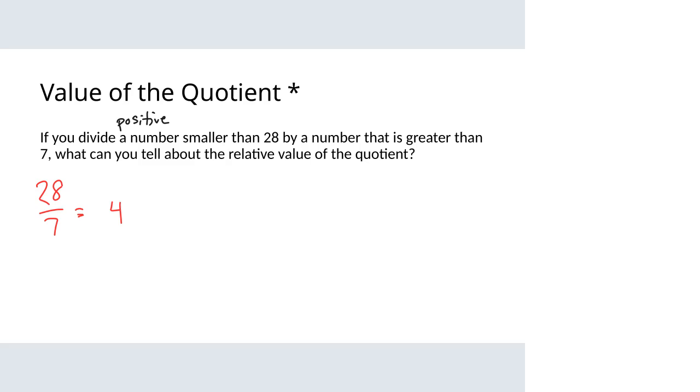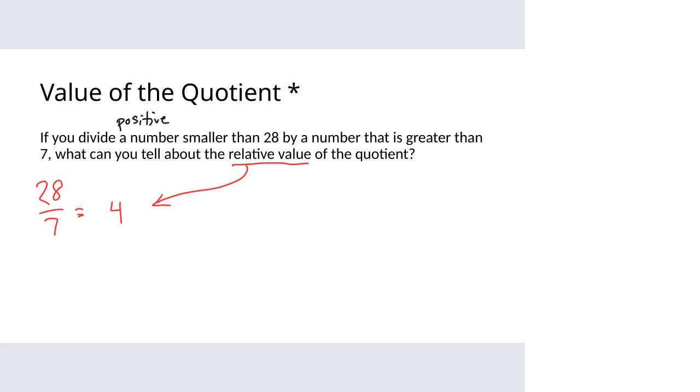So 4 is my linchpin number here. I'm looking for something that's either equal to 4, greater than 4, or less than 4. When I'm talking about the relative value, I'm talking relative to 4.